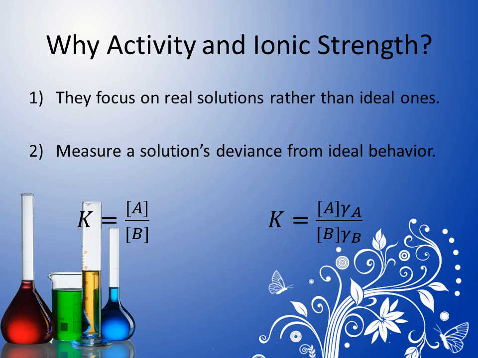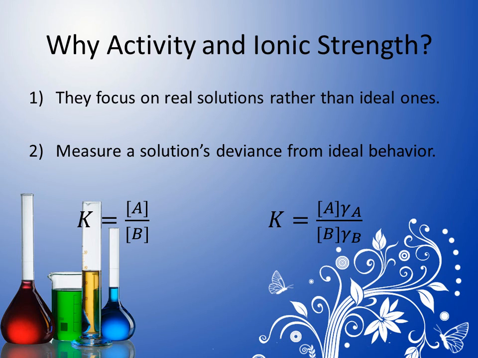So why do activity and ionic strength matter? As I already said before, they focus on real solutions rather than ideal ones, and they also allow us to measure a solution's deviance from ideal behavior. In other words, how far away is it from being ideal? Most of you are familiar with the equilibrium equation on the left, where all activities are 1.